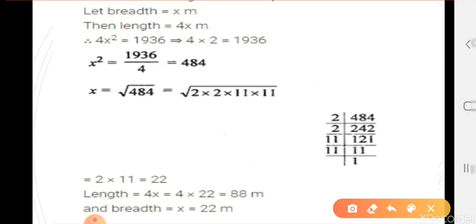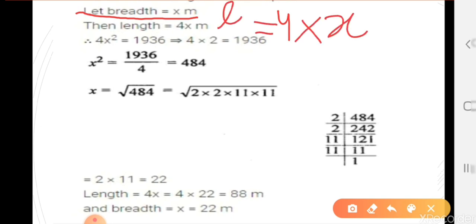So therefore we have assumed that let the breadth be x. If the breadth is x, then in the question it is said length is 4 times its breadth. So we can write length will be equal to 4 into x. So length we have got 4x.